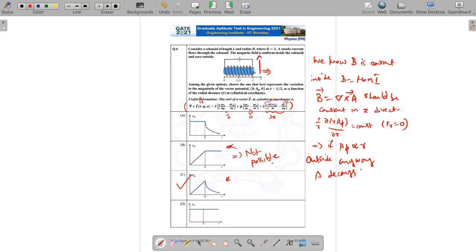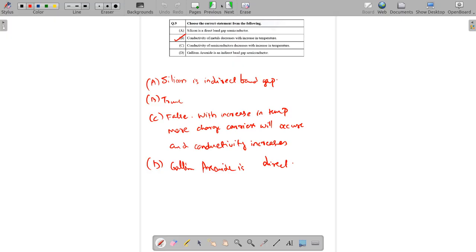Okay, actually I think this variation is like 1 by r. Anyway, it's not important, but this is how you get this. So you identify that magnetic field is curl A, then using the curl in cylindrical coordinates relation, you basically find out what is the variation inside this one.